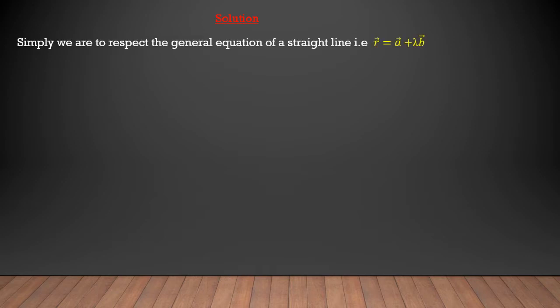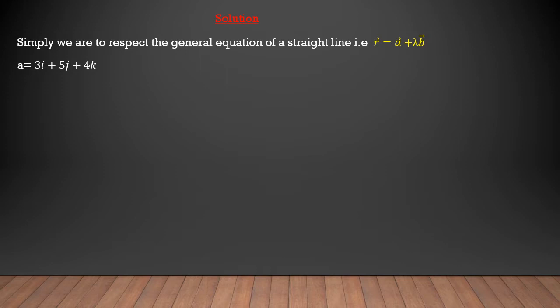So the solution is that firstly, we have to identify which one is the position vector and which one is the direction vector. The line is parallel, and parallel indicates a direction, because we know something is parallel or perpendicular due to its direction. So A is going to be the position vector containing the points, because the points are fixed, a specific position on the line.